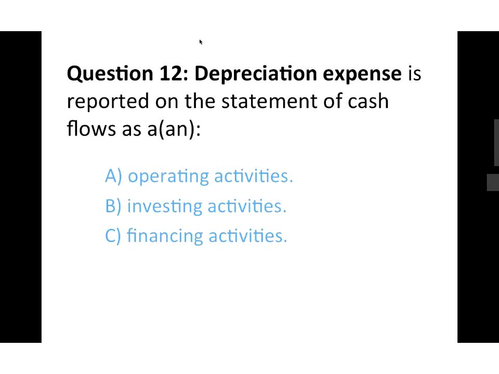Okay, now, I'm going to go ahead and put this one out there. Depreciation expense. Now I'll give you a hint on this one. This depreciation expense is one of the adjustments to reconcile net income.